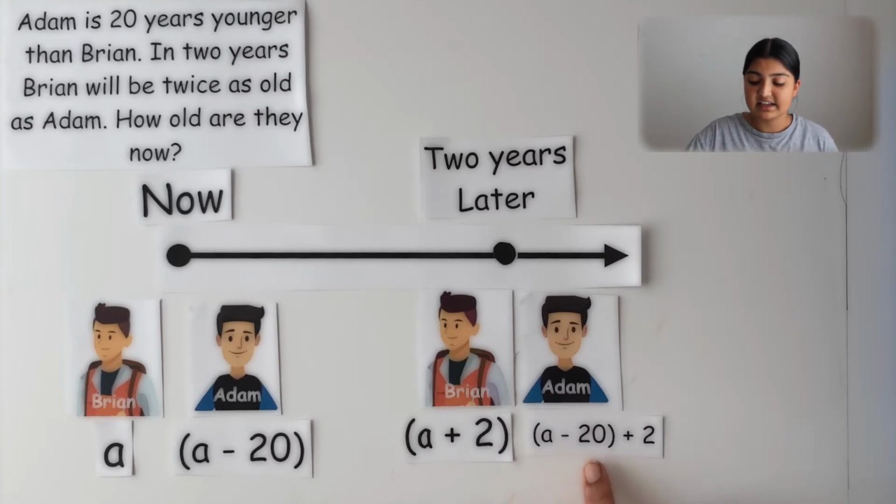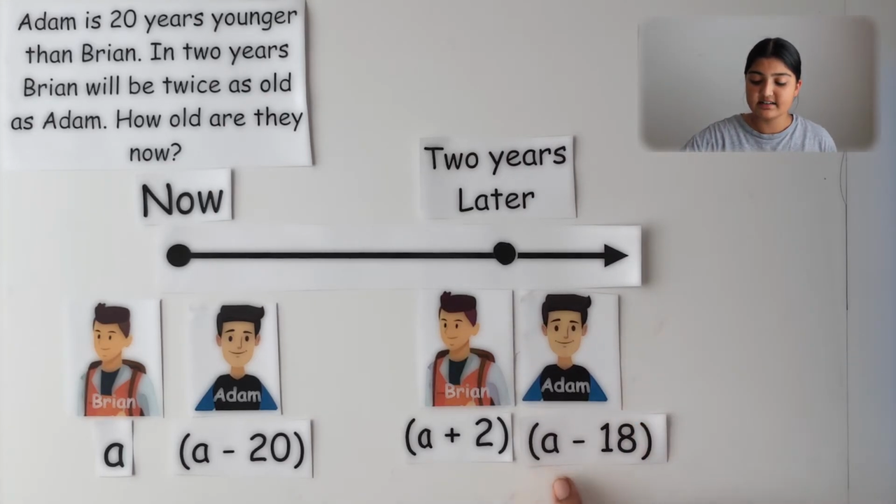Negative 20 plus 2 is negative 18. So Adam will be A minus 18 years old.